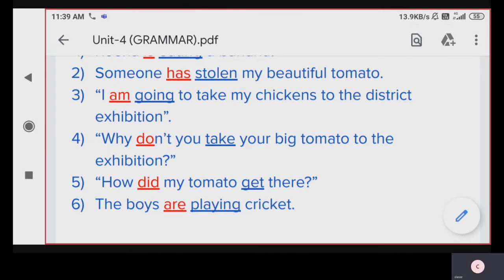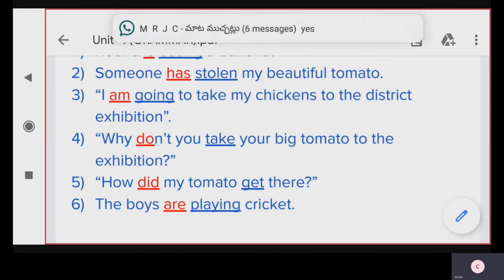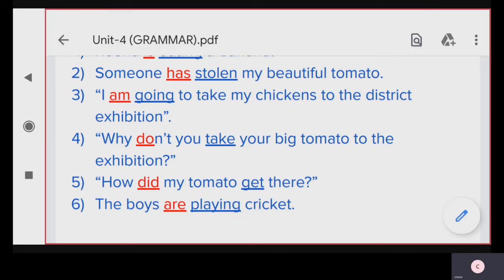Fifth one, how did my tomato get there? Sixth one, the boys are playing cricket. Children, can you identify the main verbs or action verbs in the sentences?